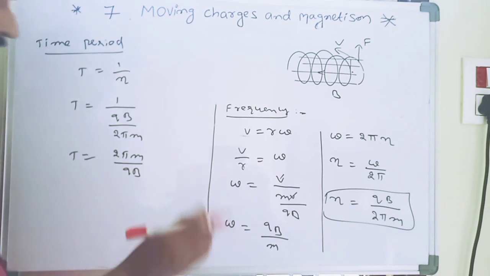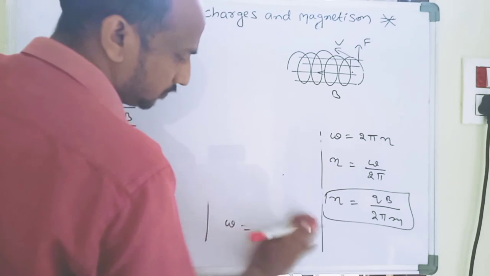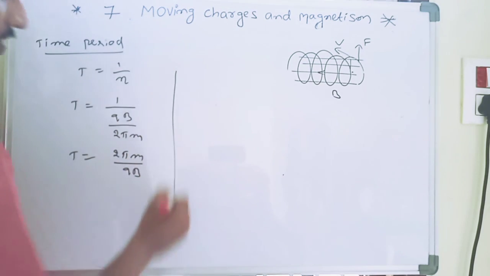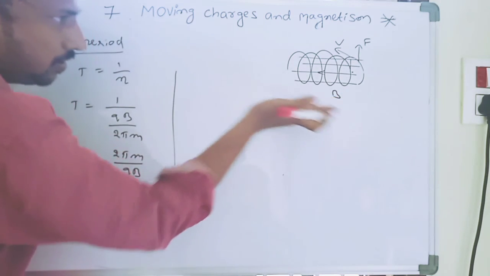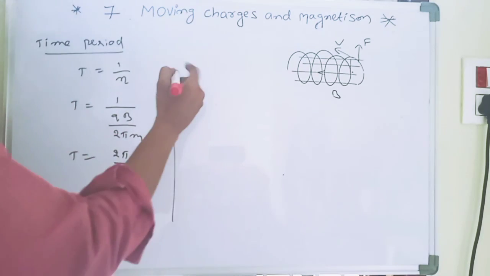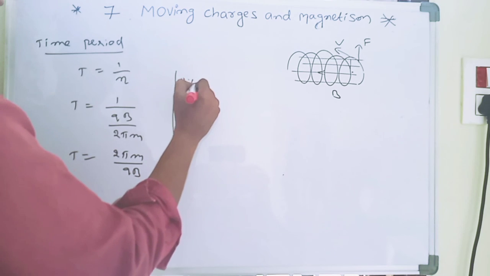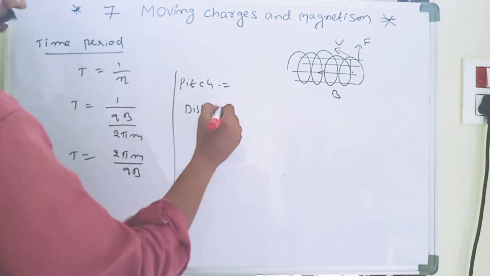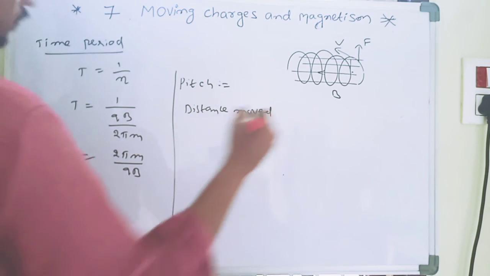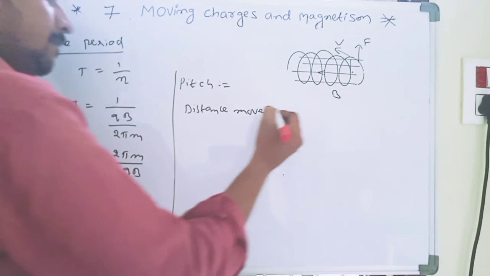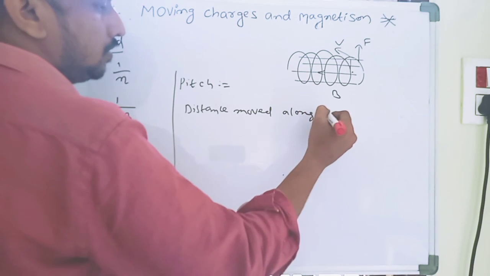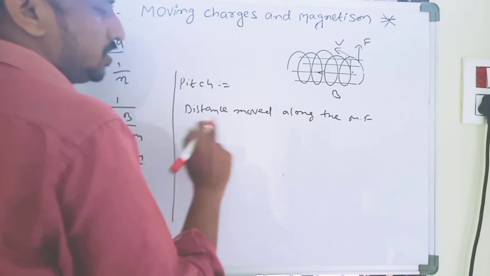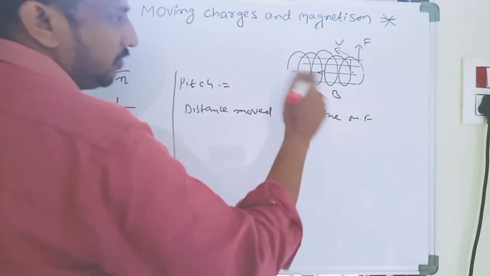Okay. So now the last one, pitch. What is meant by pitch? Pitch means the distance moved along the helical path, that is, along the magnetic field direction of the particle.